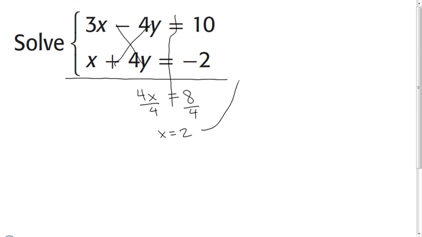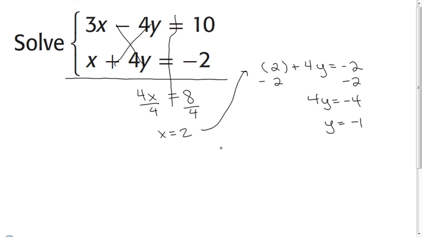And now following those last couple steps, just like we did with substitution, I'm going to come back to one of these original equations and I'm going to replace the x value with 2 and solve for the y. So at this point I can subtract 2 from each side, get 4y equals negative 4, and then dividing by 4, y is negative 1. Final step is always to write your answer as an ordered pair and check it. So I want to make sure it makes both original equations work.